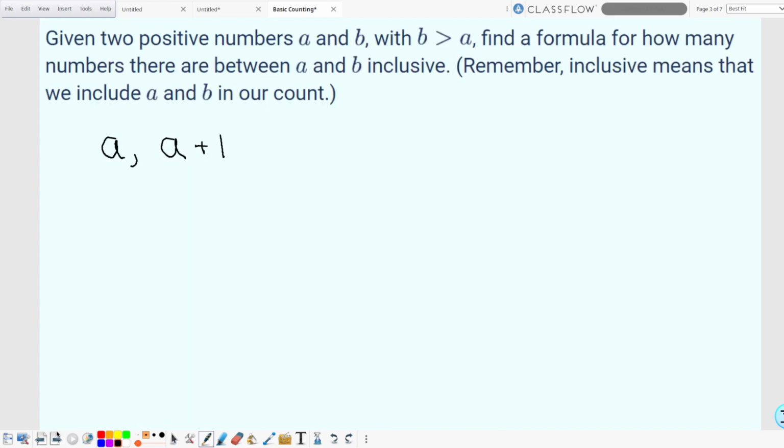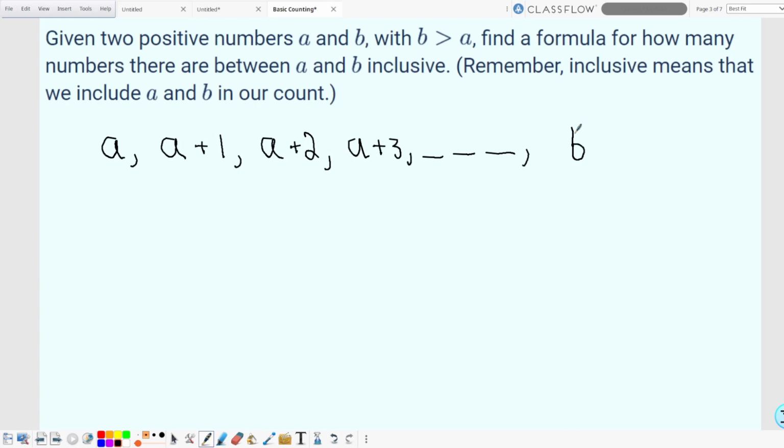In this case, the next number in our list is A plus 2 instead of A plus 1, because after A plus 1, you add 1 again, you get A plus 2. And the next one would be A plus 3, and so on until you arrive at B. Because remember, B is that last number we're trying to get to. We're starting at A, and we want to get all the numbers from A up to B.